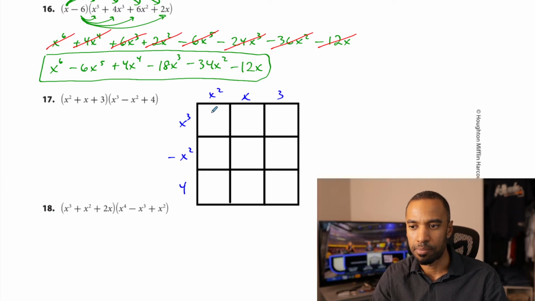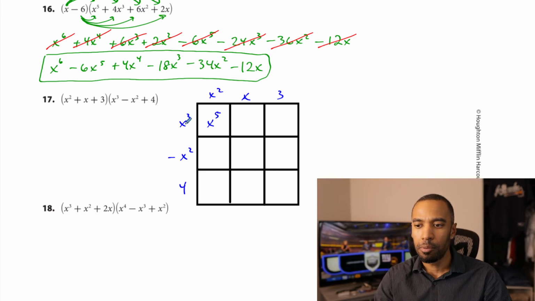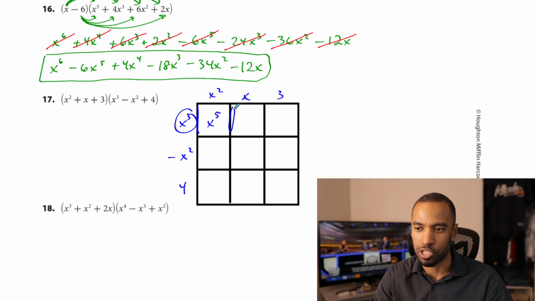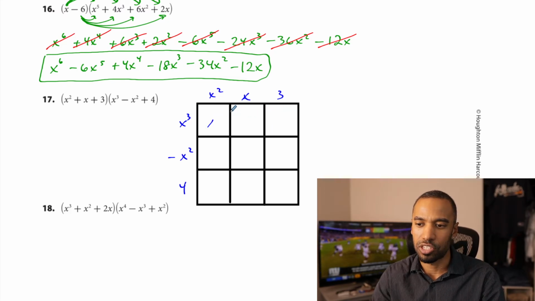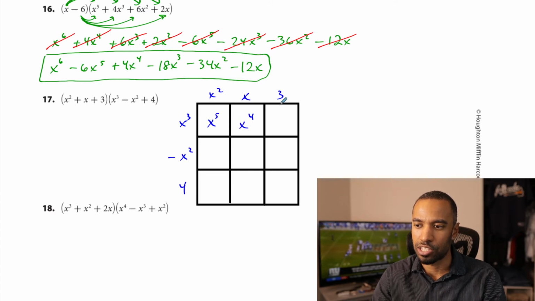So x cubed times x squared, remember, you add the exponents, 3 plus 2, and I get 5, x to the 5th, right there. Now I'm going to multiply x cubed. Remember, all these represent x cubed right here. I'm going to multiply x cubed with x, and I'm going to get x to the 4th, and then x cubed times 3, and I get 3x cubed.